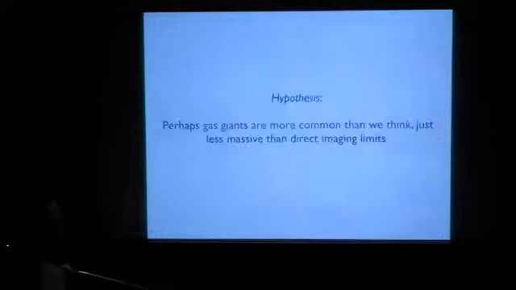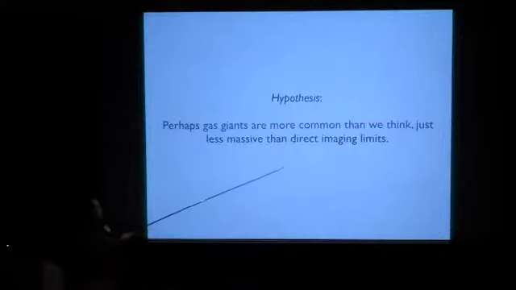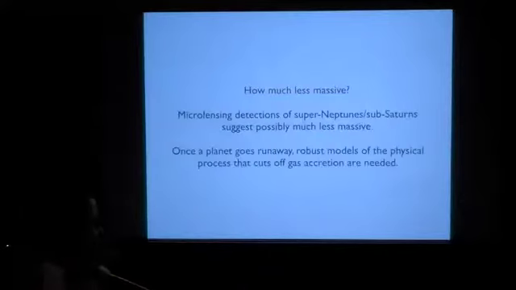All right, okay. So hypothesis: maybe gas giants are more common than we think. They're just less massive than direct imaging limits. I think that's totally conceivable, and I would like to know from microlensing if that's the case. Okay, how much less massive? I hear from you guys that super Neptune sub-Saturns are really common.